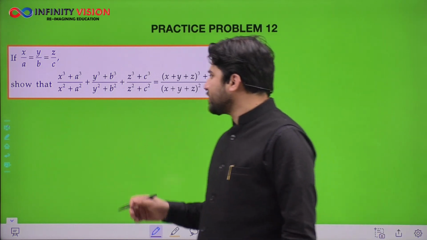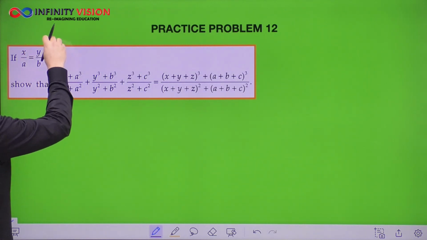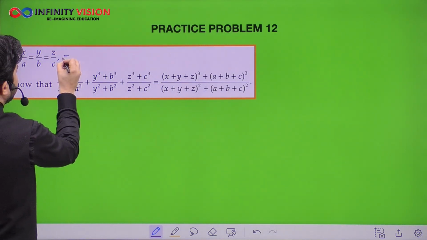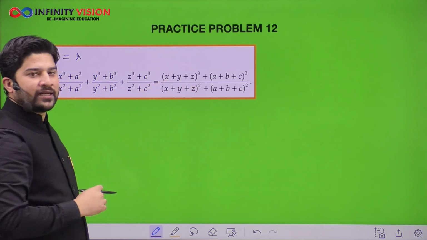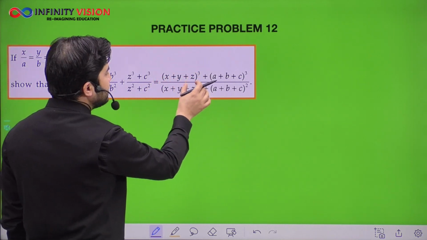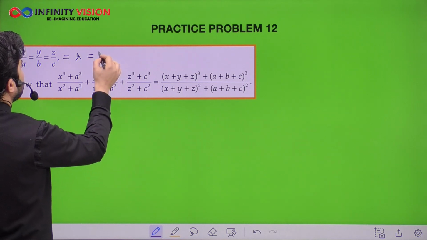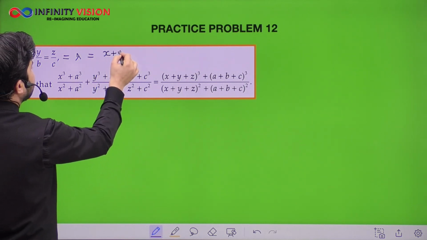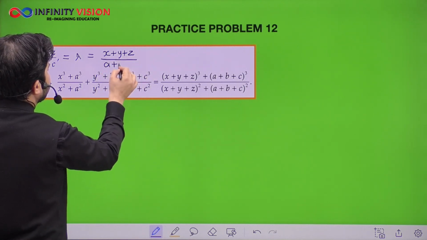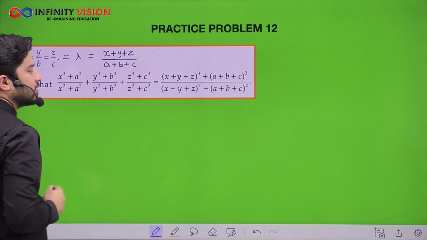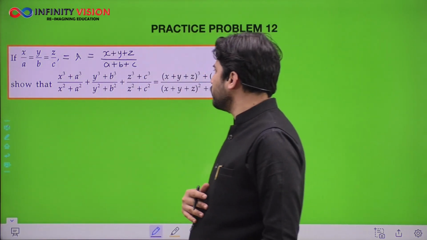Now, when you encounter such a problem, you see that you have a continued ratio, that is x by a, y by b, z by c. So you can say everything is equivalent to lambda. Now, other thing, if you look into the right hand side, you have x plus y plus z and a plus b plus c. So I can say that it is also equivalent to the sum of antecedents, that is x plus y plus z divided by the sum of consequents, because all the three ratios are equivalent and let's say they all are equal to lambda.